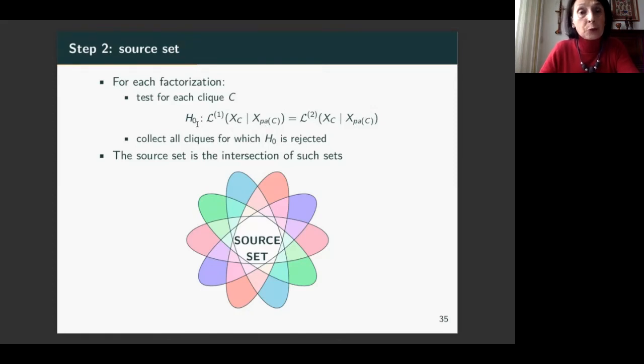Some of these hypotheses will be rejected, some will fail to be rejected. What we do is collect all the cliques for which the null is rejected into a set, ending up with 5 sets. And as the very last step, we take the intersection of such sets, and this is the source set. Now, it can be proved, theoretically, probabilistically, that the estimator so defined is a consistent estimator of the source set that we defined before.